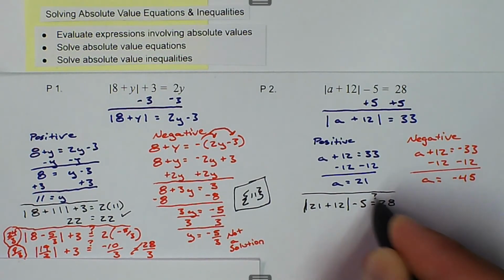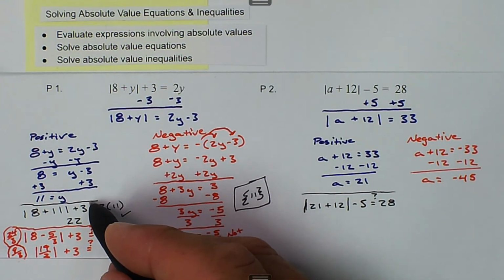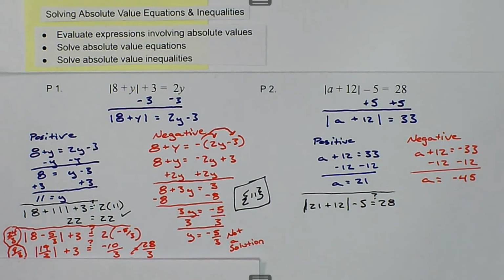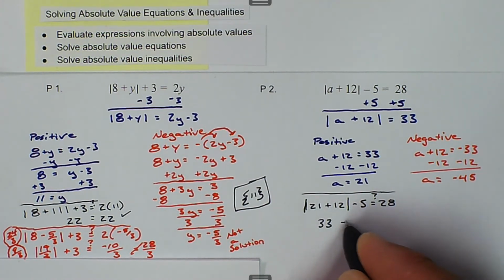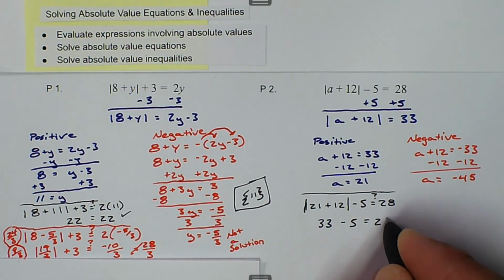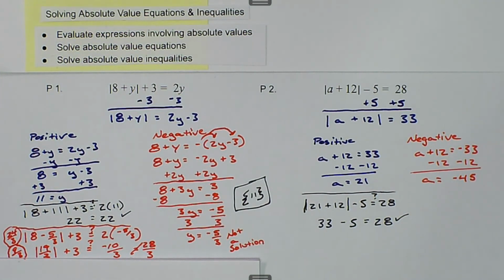We're checking that solution, so we put a question mark there because we're not 100% sure that's going to be true. And so 21 plus 12 is 33. Minus 5, that is equal to 28. So that is a solution.